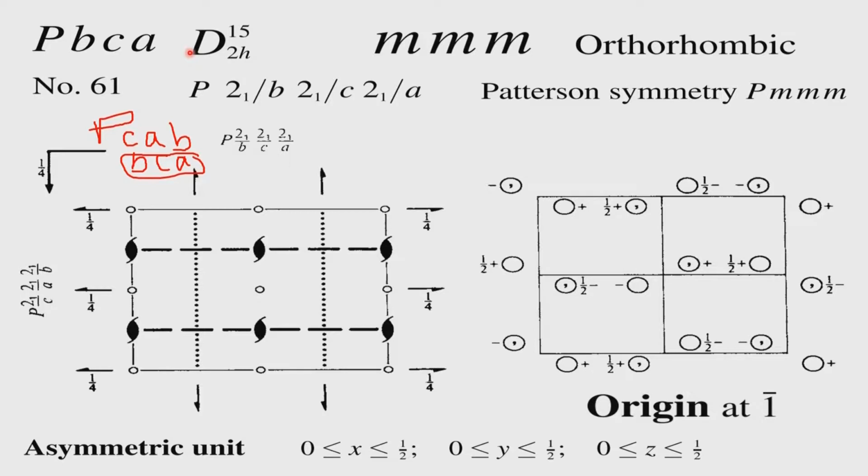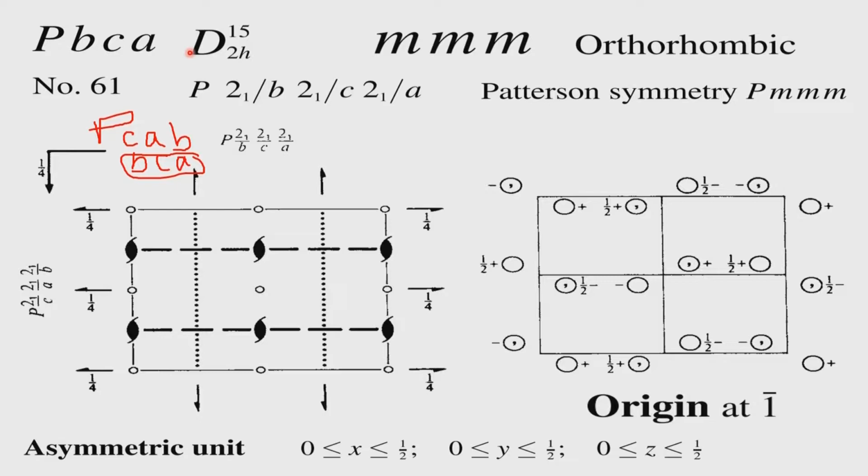So, that means you have to change your axis directions. Your ABC now has to follow the PBCA space group. So, the ABC should be changed such that we get a B axis perpendicular to a C axis perpendicular to B, and an A axis perpendicular to C. When we do this particular change, then it is one and the same.